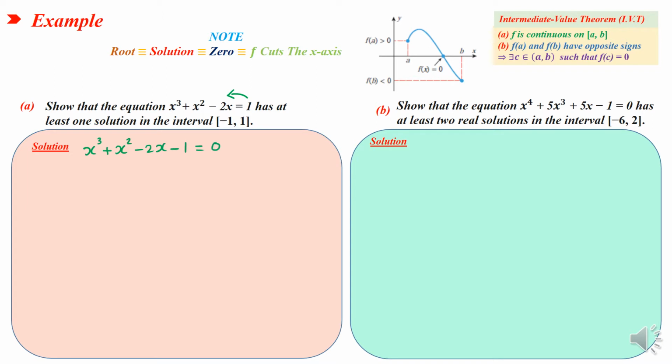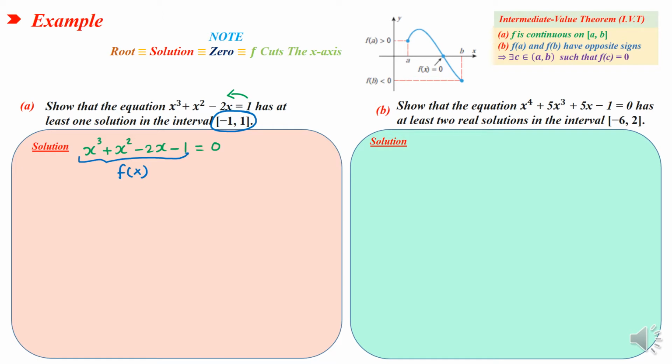So the function f of x is this function. This is f of x, and the interval is given in the question, and it is the closed interval from -1 to 1.